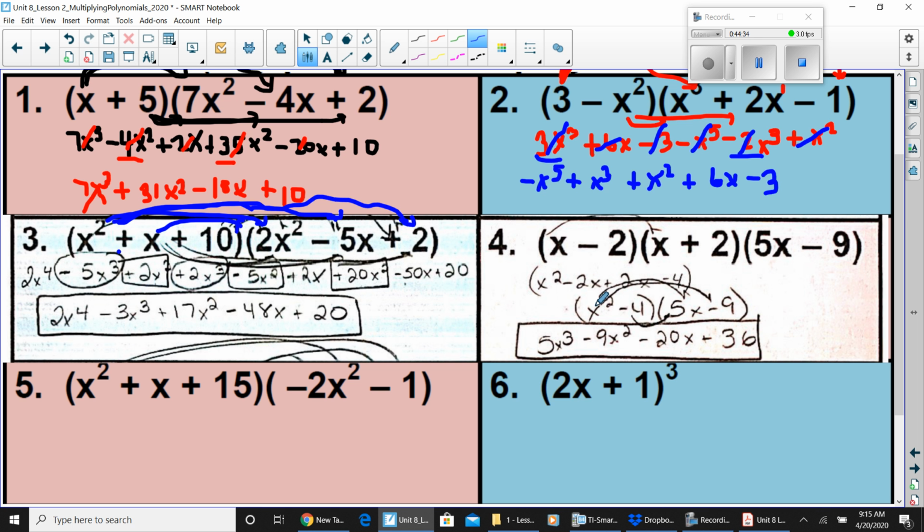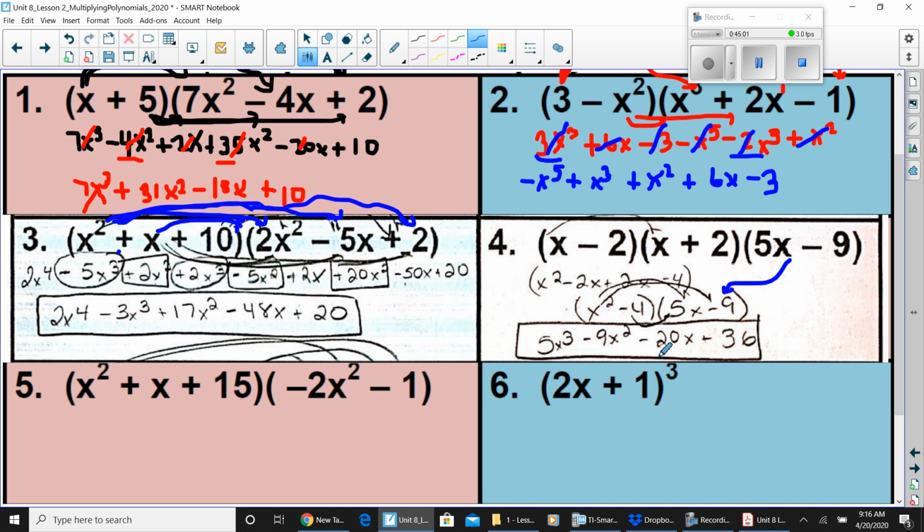So you get x squared minus 4. And then you're going to bring this down to here and multiply by this 5x minus 9. So it's x squared times 5x, and that's 5x to the third. X squared times negative 9 is negative 9x squared.